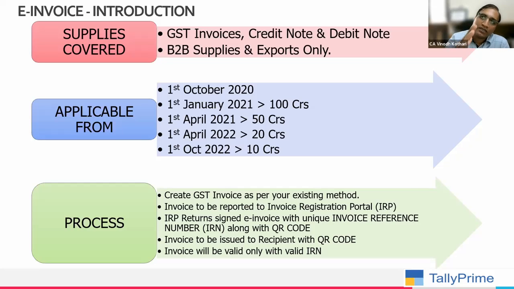Sir, I generate the invoice, I did not put it in the E-Invoice Portal, but I'm putting it in GSTR1. That is also wrong. The benefit of claiming the ITC will be rejected for your recipient. So once it is applicable, you have to ensure that you generate 100% of B2B invoices, debit notes, credit notes with IRN.